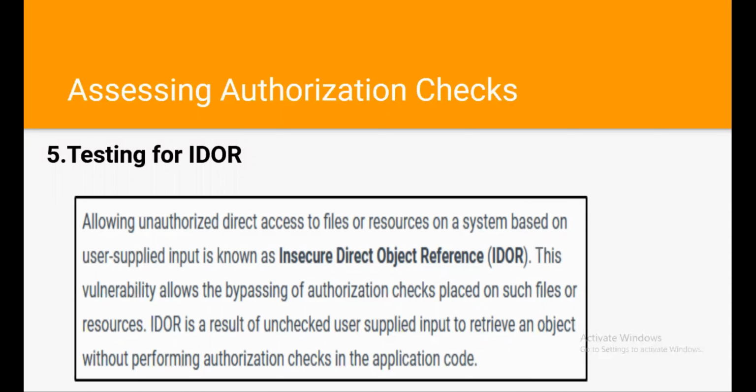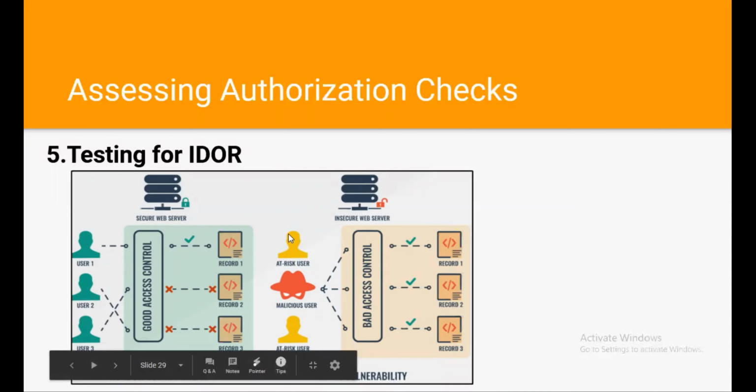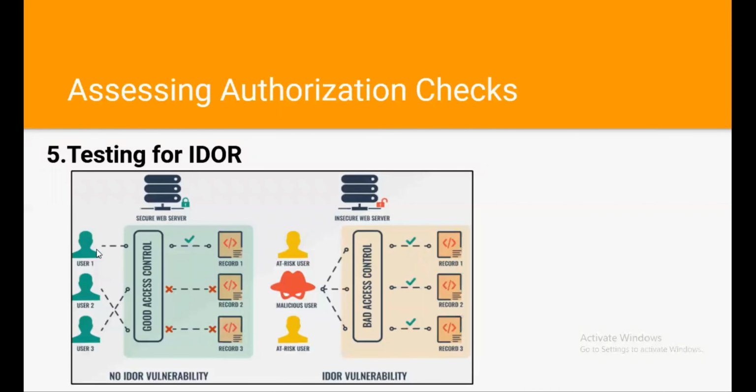So in short, here is one image. You can check it out. I found it on Google. So for example, here there is no vulnerability. Assigning user one to record one means a dedicated privilege to a file, resource or system is assigned so that only the specific user can access it.